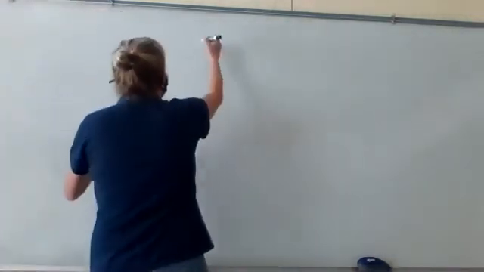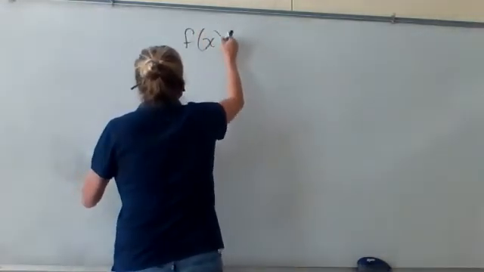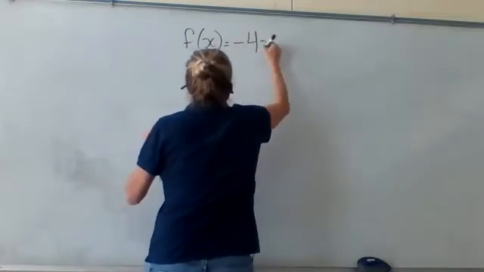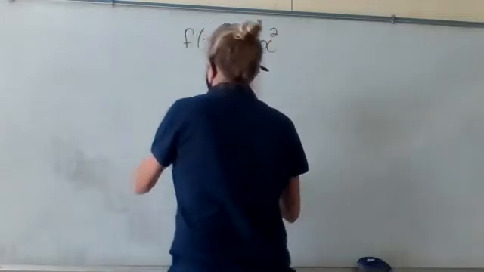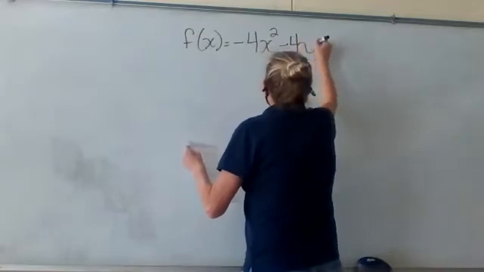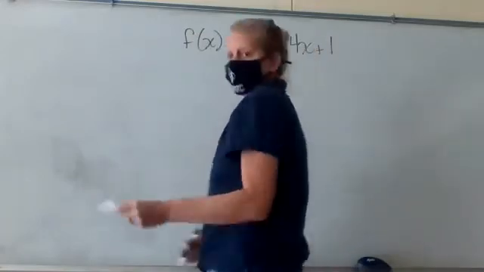This time the function is f of x equals negative 4x squared minus 4x plus 1. So that's what I'm going to put in my y equals.